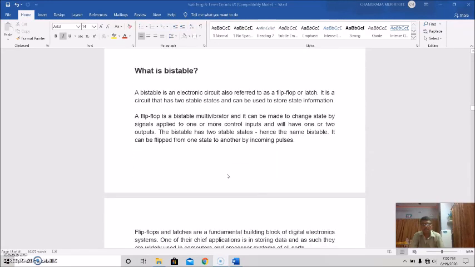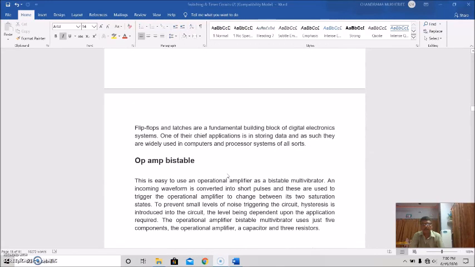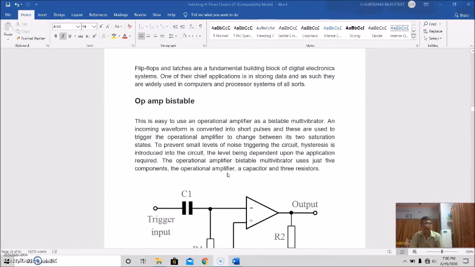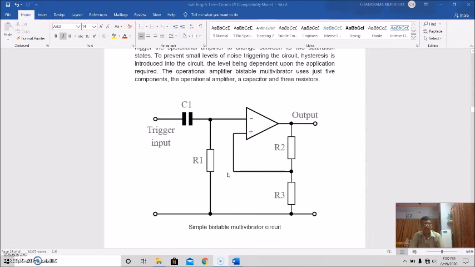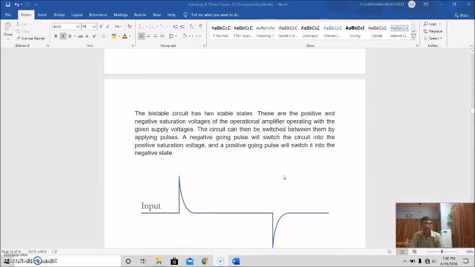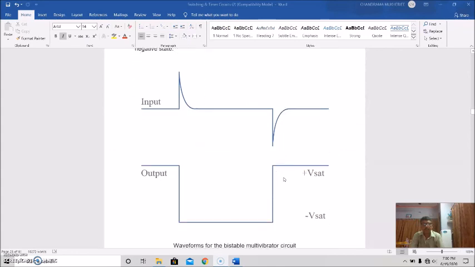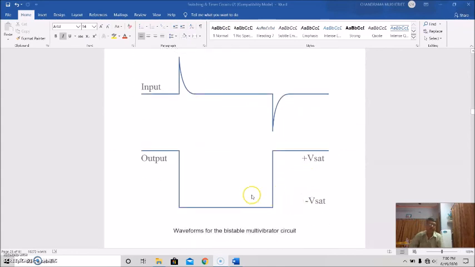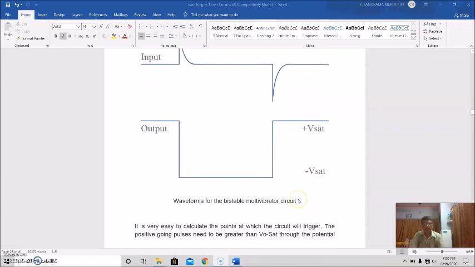It is also called a flip-flop or latch circuit. This is the basic simple bistable multivibrator circuit. This is the input, and this is the output, which varies between the positive saturation voltage of the supply and its negative saturation voltage.